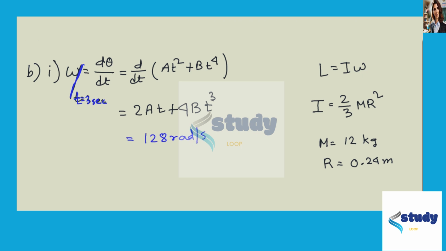If we use this number and the number we calculated for I, and multiply I with omega, we'll get L. If we calculate this, we'll see that L is going to be 59 kg meter squared per second.